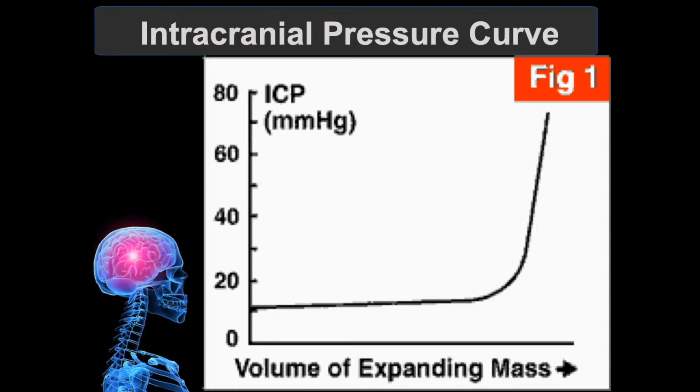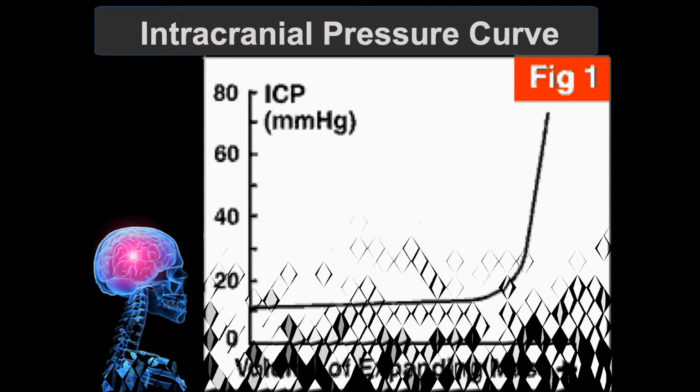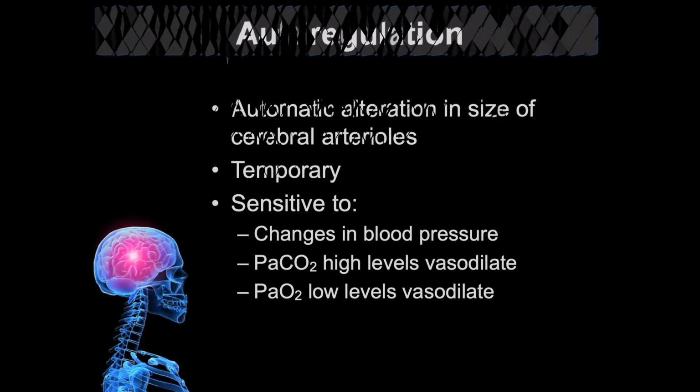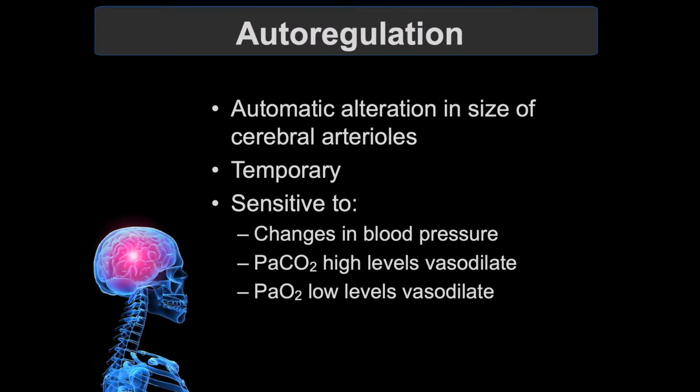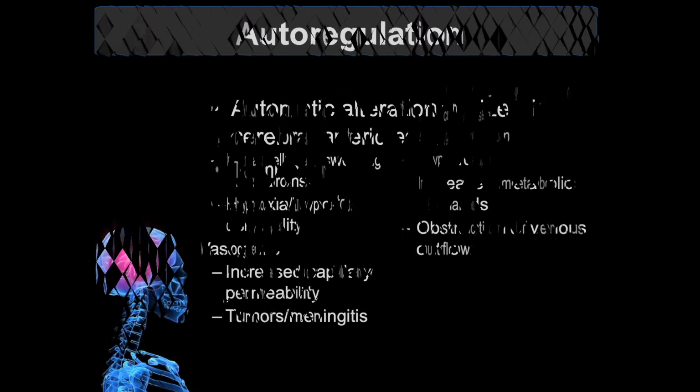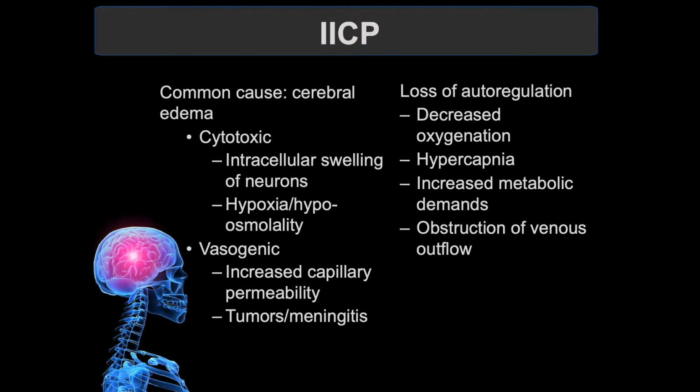In the healthy patient, this is accomplished through autoregulation, where there is an automatic alteration in the size of the cerebral arteries. It is temporary in nature and is sensitive to changes in blood pressure, changes in PaCO2, that is, in higher levels, there is a tendency to vasodilate, and PaO2 in lower levels cause those same vessels to also vasodilate. The most common cause of increased intracranial pressure is cerebral edema.